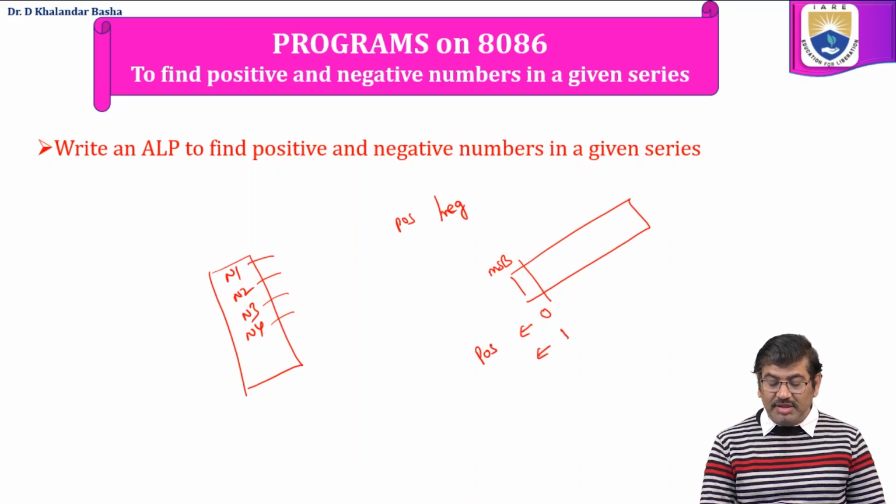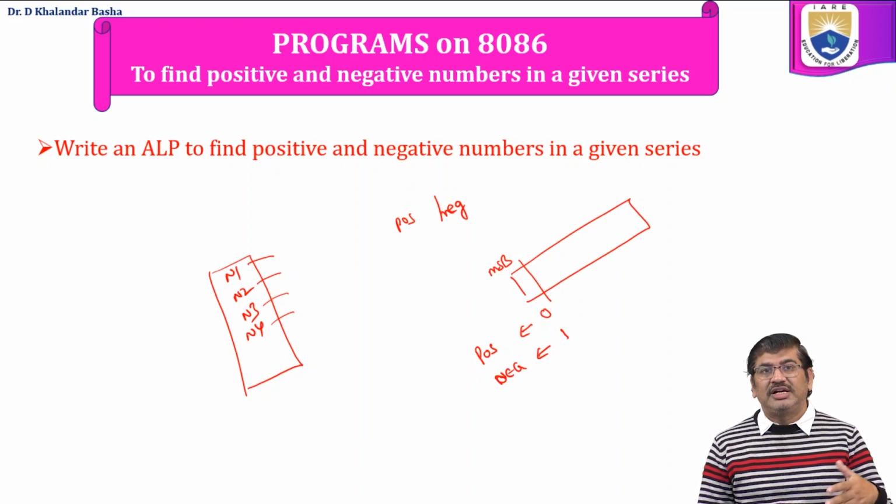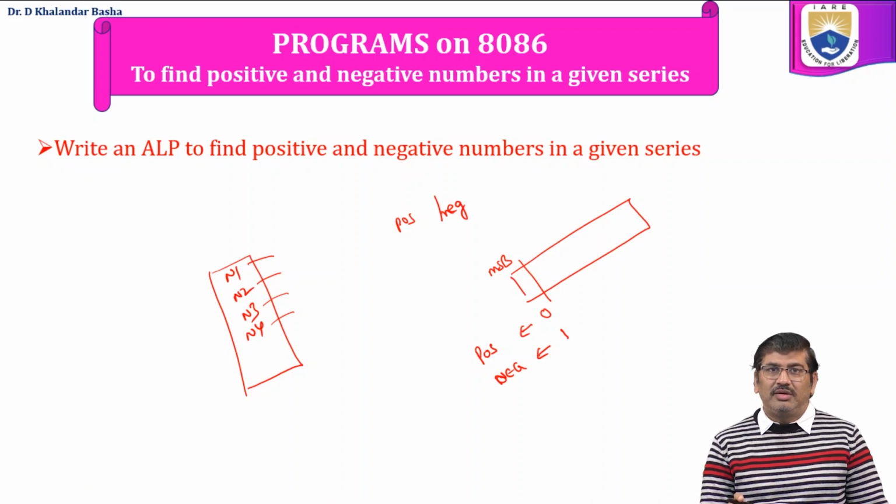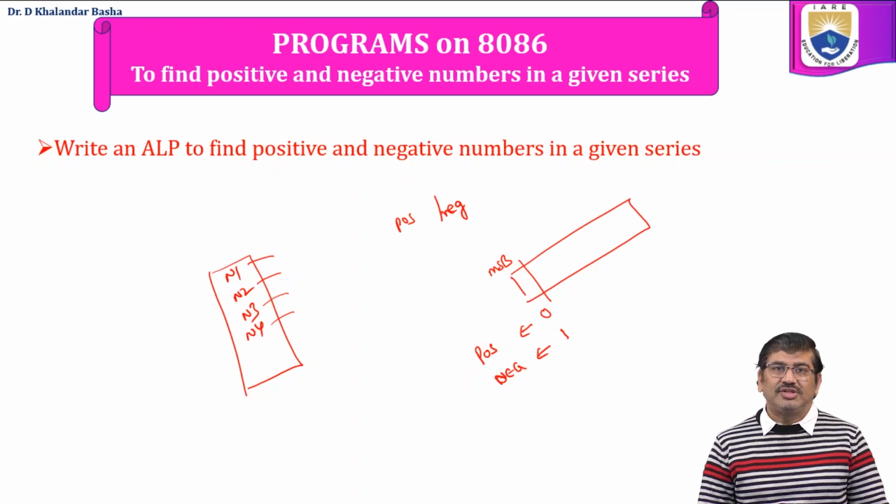If it is 1, the given number is a negative number. No need to check by comparing whether it is greater than 0 or less than 0. In the binary format, for a signed number, the MSB is reserved for the sign. If the sign bit is 1, it is a negative number. If the sign bit is 0, it is a positive number.